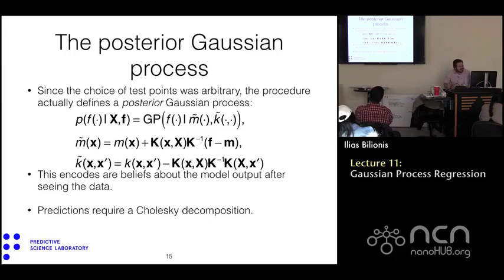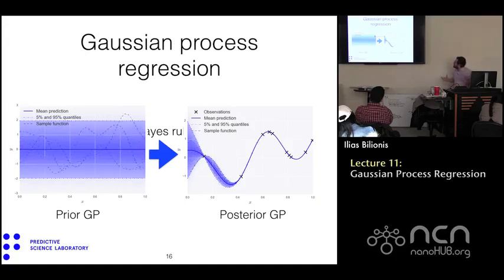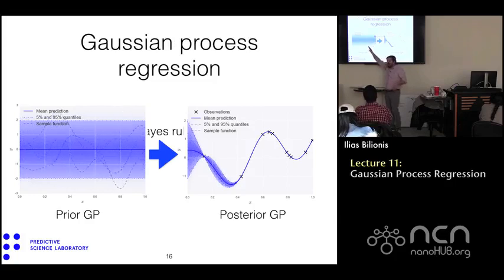Alright. Let's look at some practical examples of this. So this is what happened here. I started from this Gaussian process, and then I said, give me an arbitrary number of test inputs. Pick 1,000 inputs. I will consider the values of f on these 1,000 points.